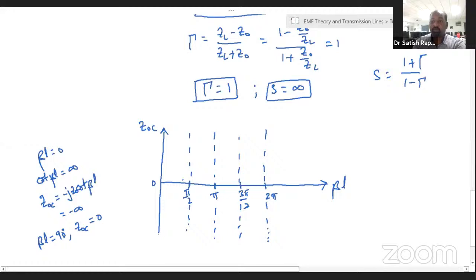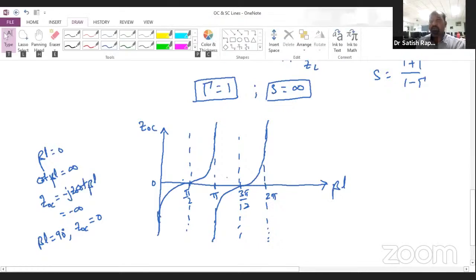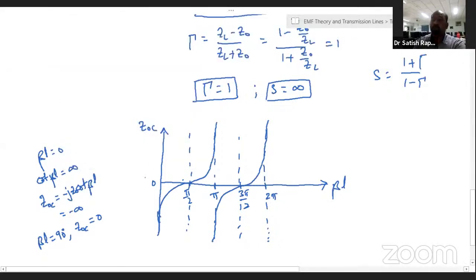So the input impedance varies like this with respect to beta L. Similarly, in between 90 degrees and 180 degrees, it varies like this, in between pi and 3 pi by 2 like this, and in between 3 pi by 2 and 2 pi like this. So this is how the input impedance varies with respect to beta.